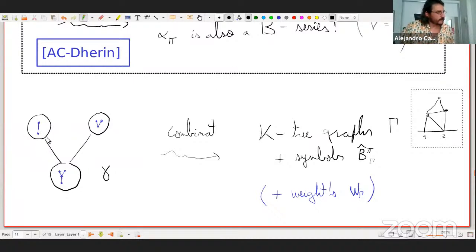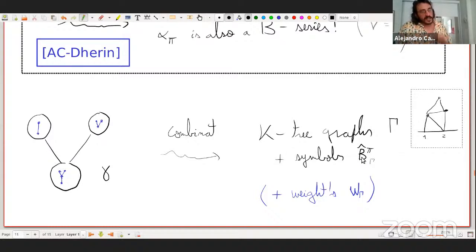So by the Leibniz property, you get all sorts of mixes. I mean, you could connect this to the first or this to the other one, and then you get a resulting graph. When you analyze that in some detail, you arrive at the fact that the graphs appearing in this particular way are exactly Kontsevich tree graphs like this.